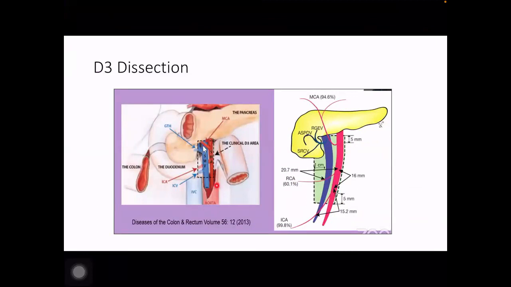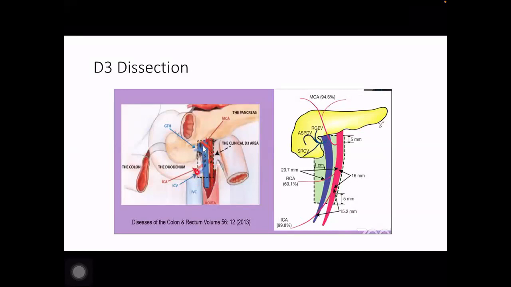Normally, when you're doing a right hemicolectomy, you finish your dissection here. You ligate the vessels close to the origin from the SMA, like the ileocolic artery and ileocolic vein, and you finish off the surgery. But what they say is that with D3, you might have lymph nodes even close to the lateral border of the SMA.